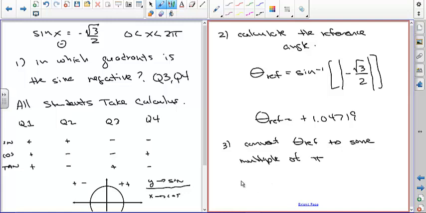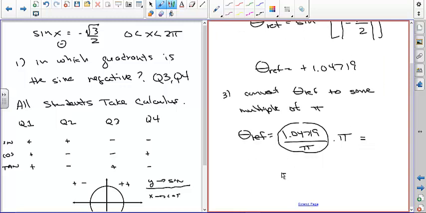So to do that, all you have to do is you take your reference angle, which is 1.04719, divided by pi times pi. So I'm just multiplying by 1. But this part I do in my calculator, and that results in some number times pi.